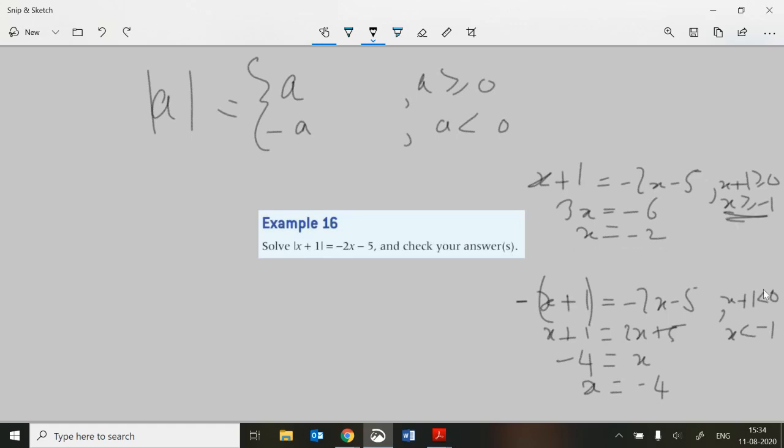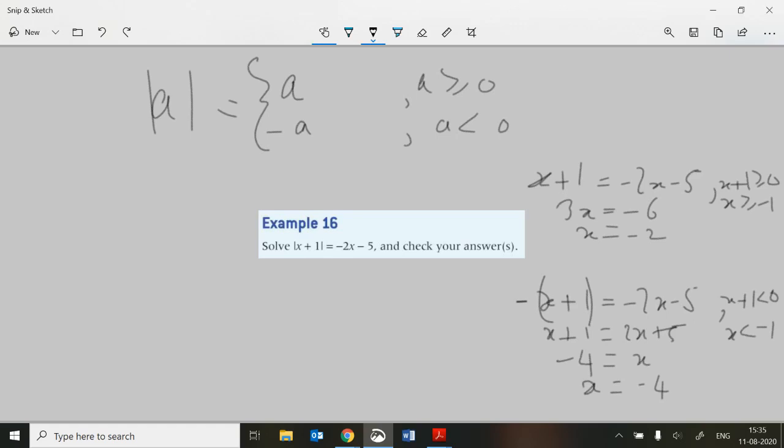Now we just need to check that our conditions are correct as well, so that each solution does fall in the domain for which that part of the function is valid. We've got the function split into two, with a condition for each. For x equal to minus 2, the condition says x has to be greater than or equal to minus 1.